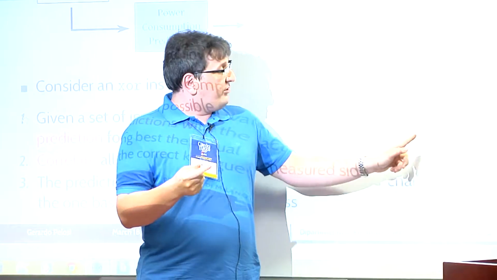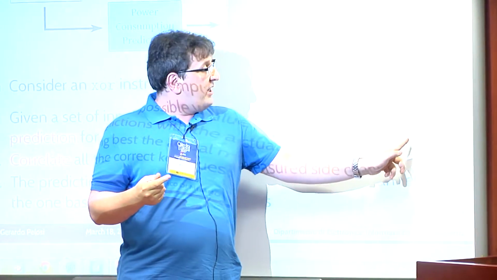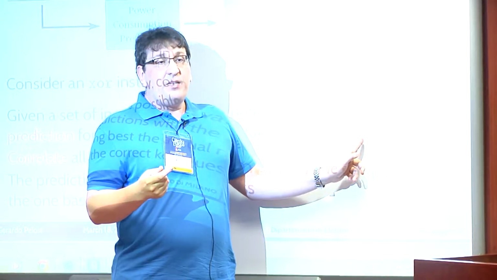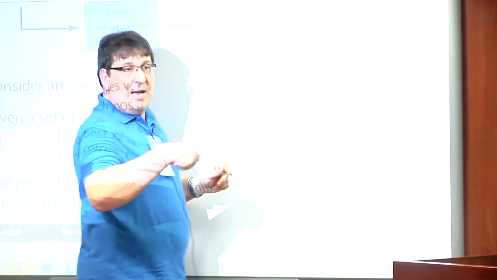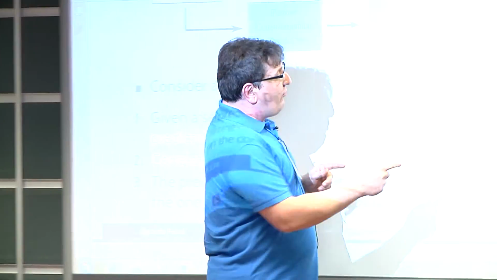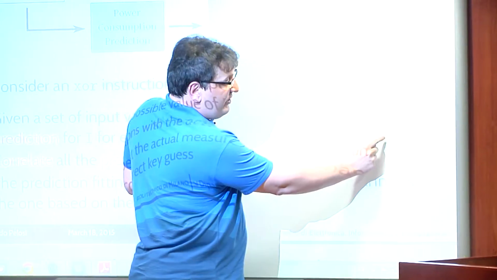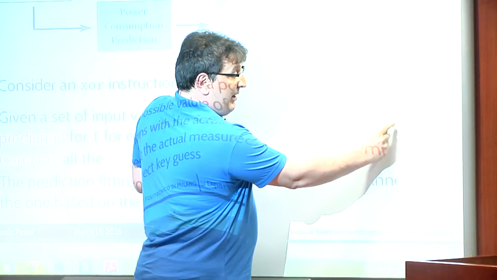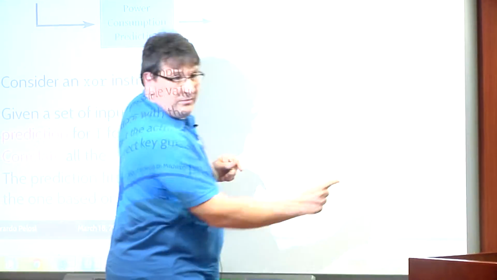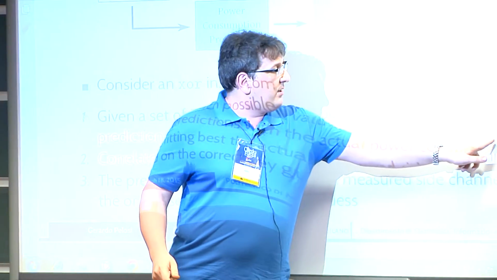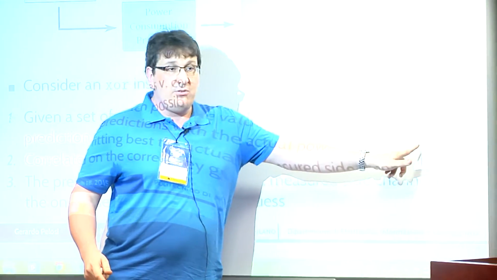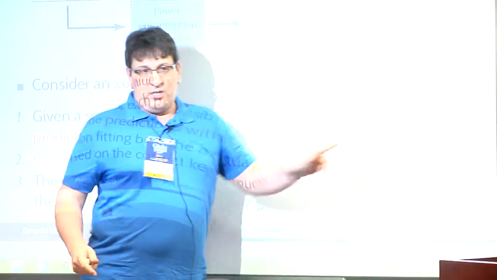If you have an instruction that computes an exclusive OR between 8 bits of the key and 8 bits of the input value, you can compute the Hamming weight, the number of bits equal to 1, of every possible outcome of this operation, varying the values of the key. You know the inputs, and you can brute force every possible value of this 8-bit key.